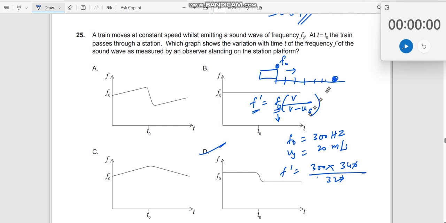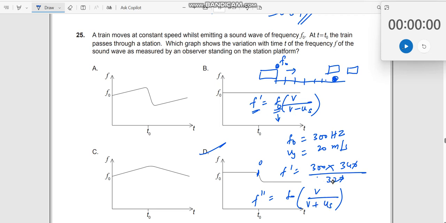It remains a constant. The moment the train is at the observer's point, the frequency will change. Then when the train moves away from you, the frequency will decrease. Why is it decreasing? Because the equation now becomes f double dash is equal to f0 into v divided by v plus u source.